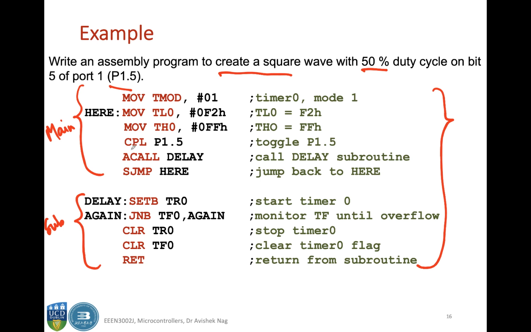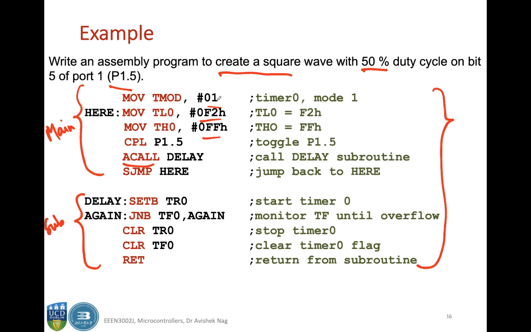You are calling this delay subroutine using a call from the main code, and the delay subroutine is basically taking care of the delay. You are loading your timers with some numbers, and then you are loading the TMOD with this. So let's see what these mean.